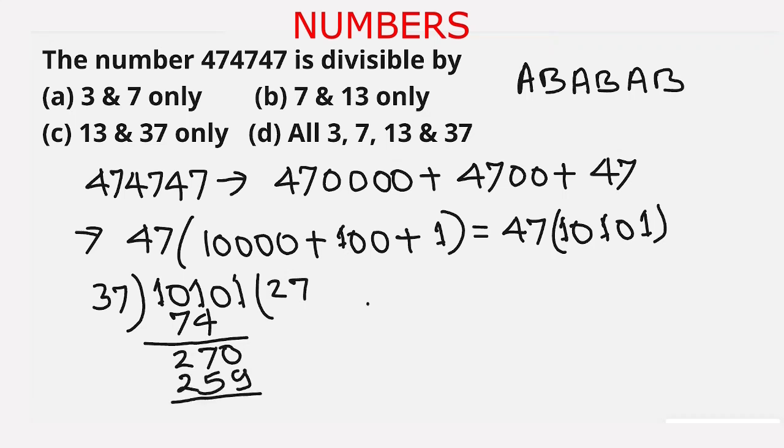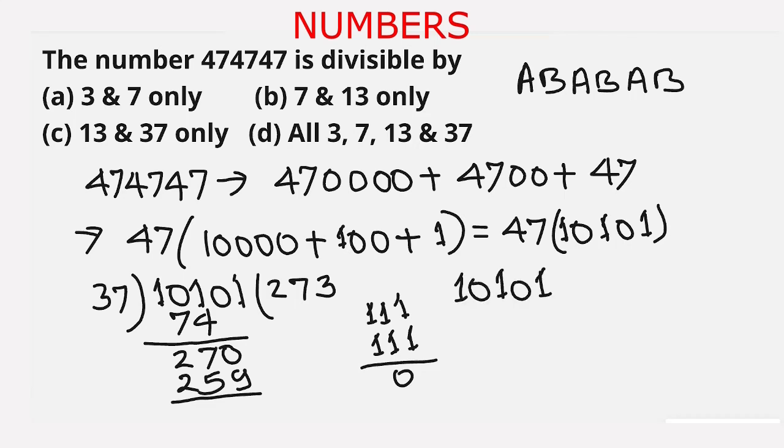The balance is 11. We carry 1. And 37 times 3 is 111. So this is divisible by 37. 10101 is divisible by 37. Therefore, the given number 474747 is divisible by all 3, 7, 13 and 37.